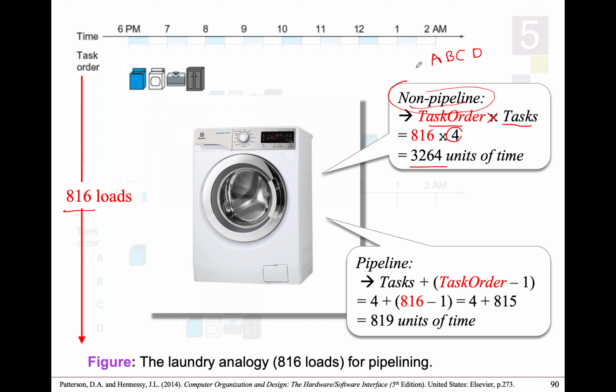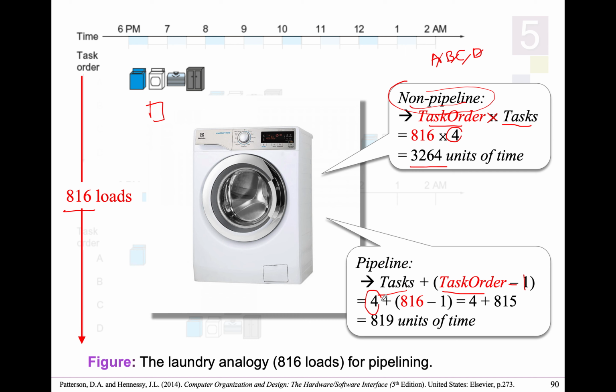Then if you are using the pipeline concept, your equation will be tasks plus task order minus 1. Because for every single task, let's say task B, C, D, you increase one time. You are going to do it in parallel. So how many tasks do you have? Still 4: Ali, Boboy, Chicha, Didi.